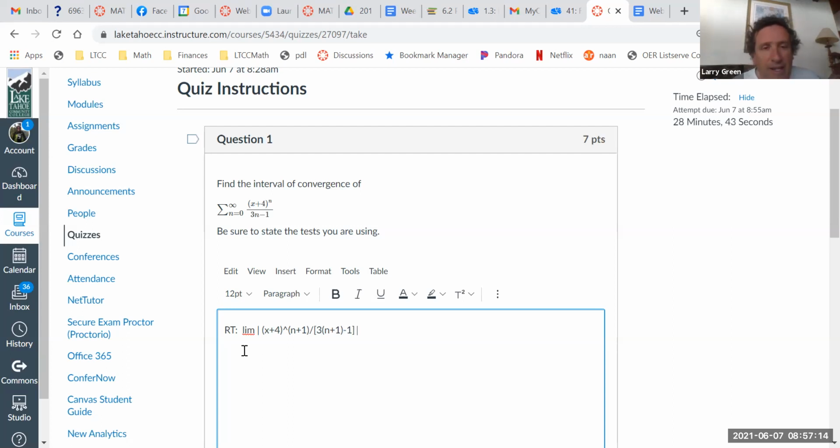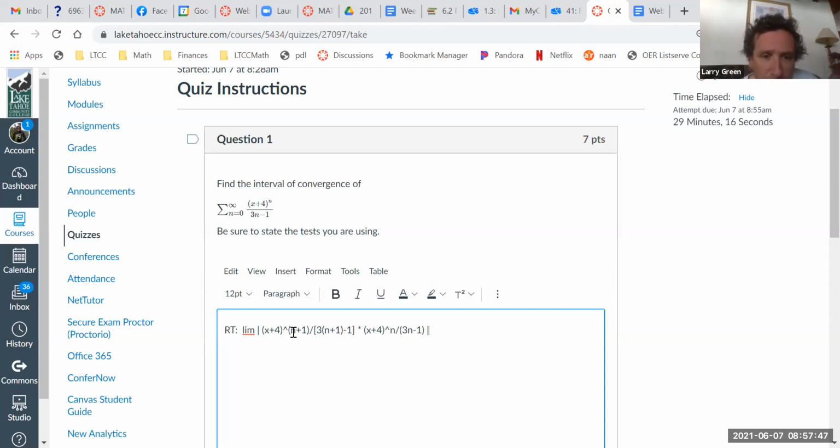And that's divided by a_n, but you can multiply by the reciprocal a lot easier. So we're going to multiply it by (x + 4)^n over 3n - 1. So once we've done that, then we're going to put things together and simplify.